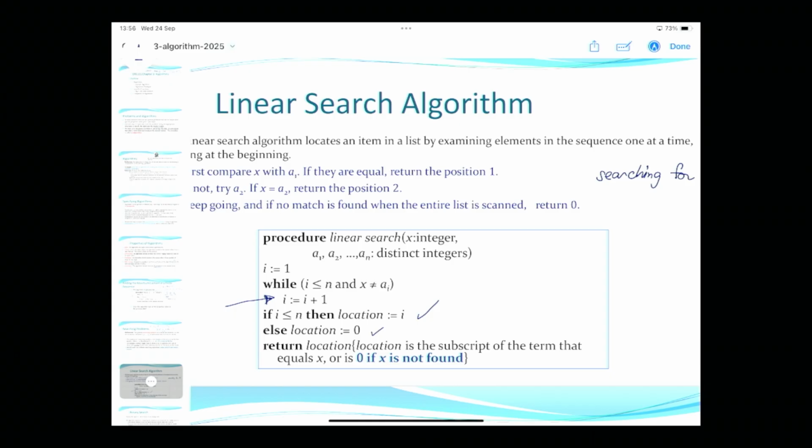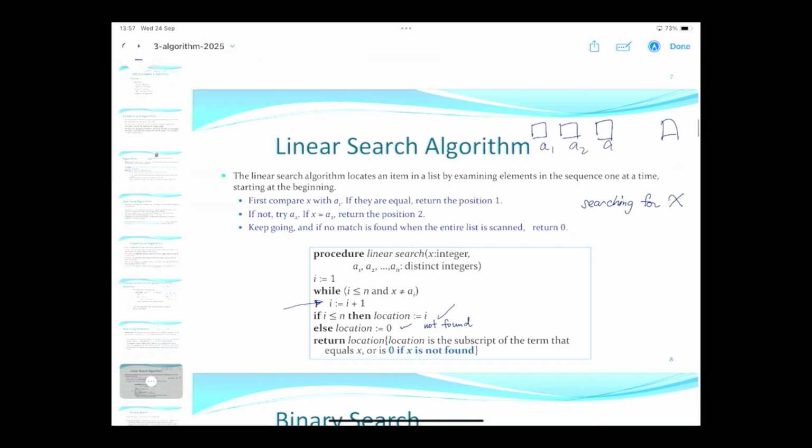Location 0 means x is not found. So what we see is that the searching starts from the first element and then moves on to the next one, repeatedly. So this is called a linear search.